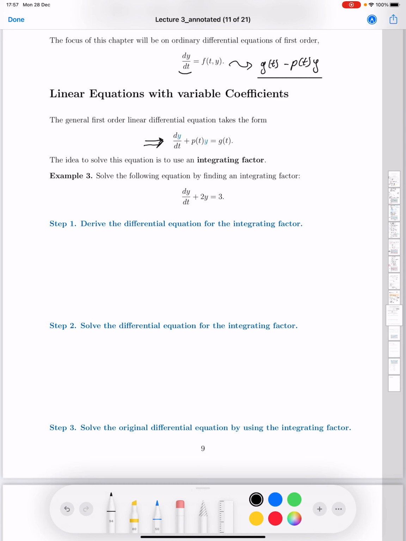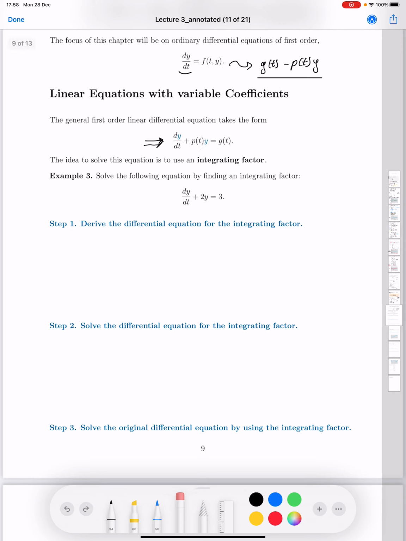So the equation here is y dot plus a time varying function, which is pt, independent of y, multiplied by y, equal to gt.